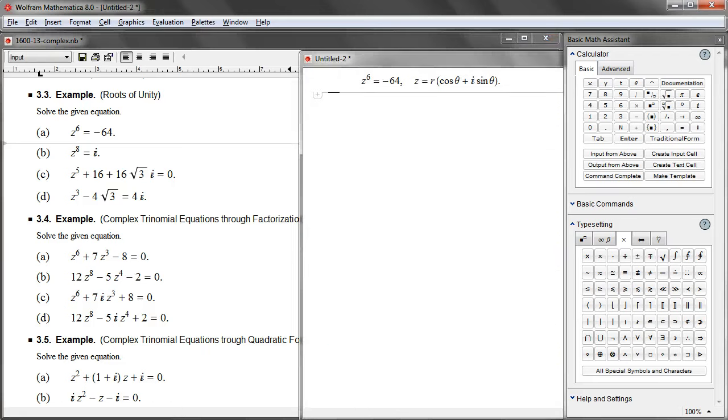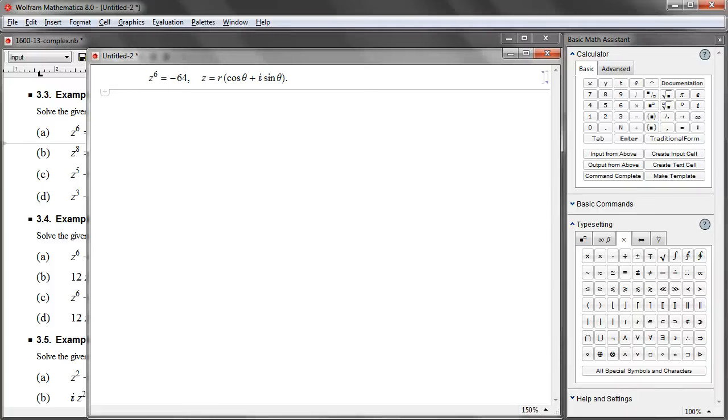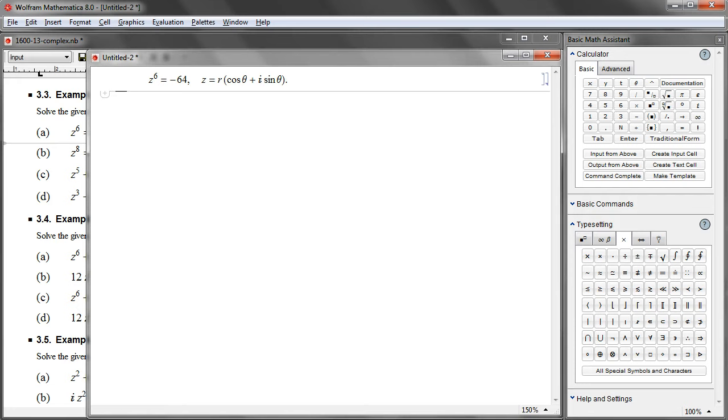Well, let's go over to an alternative approach here. I'd like to save some time, so let me open up this new notebook. We want to use De Moivre's theorem, right? So we have to start from the polar form. Let's express z as r cosine of theta plus i sine of theta.